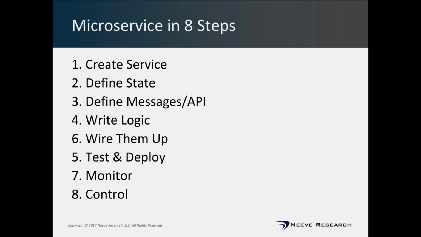Those are the 4 steps in order to get a microservice up and running. And then there is the capability to wire up your microservices. Any one microservice should be wired up with another one, and therefore be able to land and expand in your environment. Then there is the ability to test and deploy each service independently, as well as all the services collaboratively, and then to monitor and control the environment.